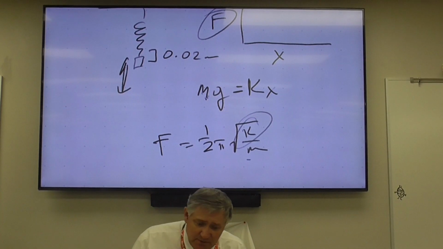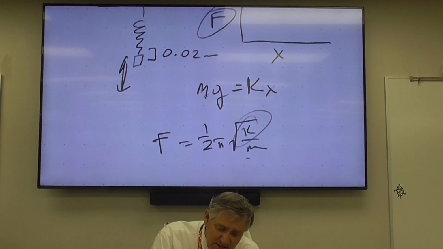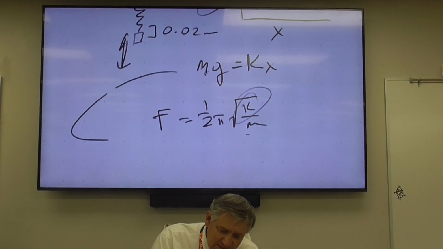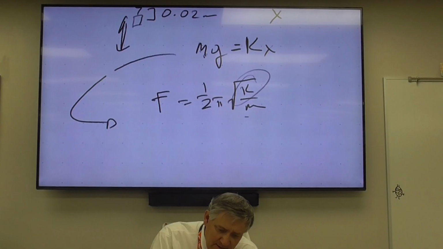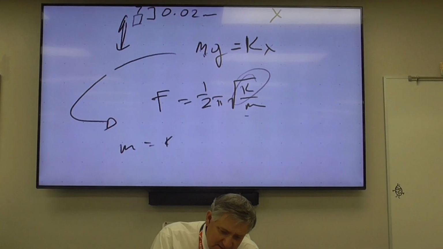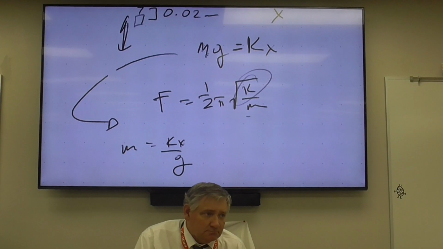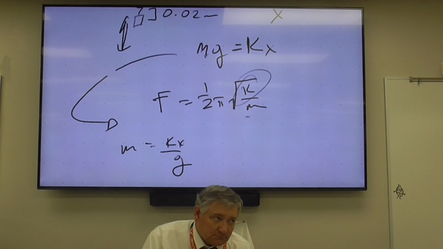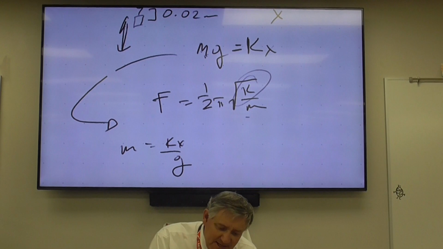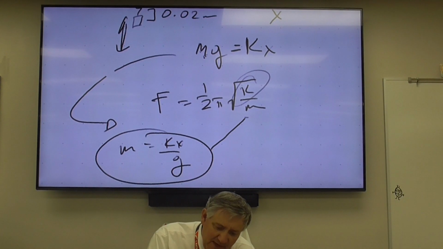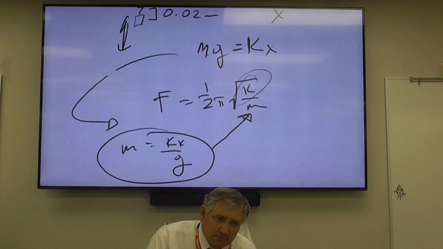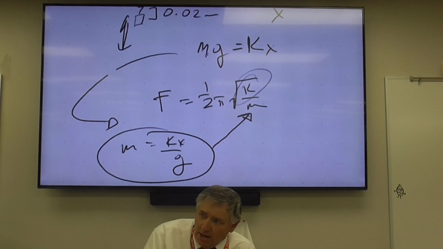Now, the other thing you can do is solve this for mass, and this is what I showed you yesterday: mass is kx over g. Could I put that in there for the mass? Sure, why not? I like it.